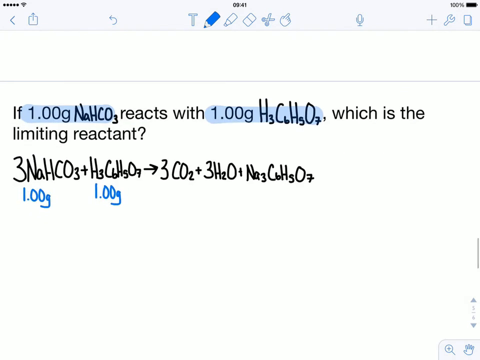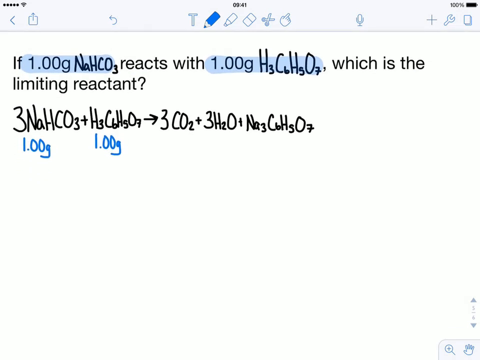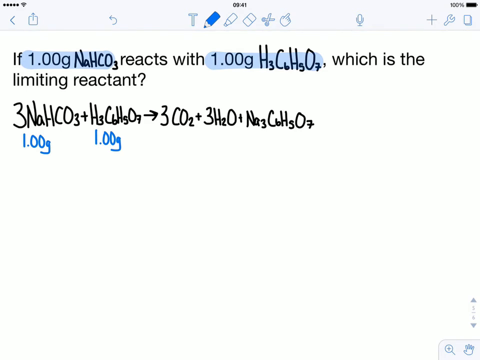Now, right off the bat, you can probably see that this is different from the previous 2 questions we did because we're not asked to find how many grams of one of the products can be made based upon the limiting reactant. So if we're not asked to find how much of a product we can make, how do we do this question?